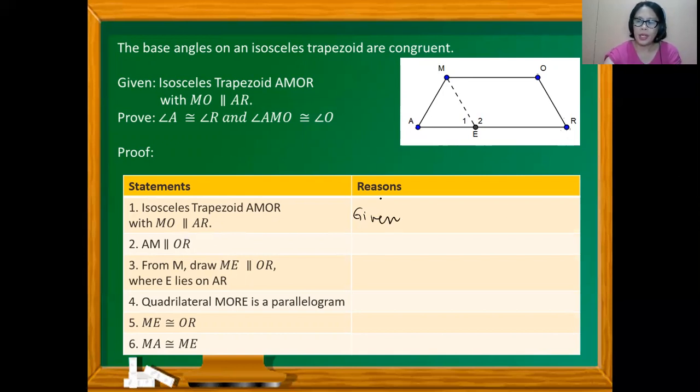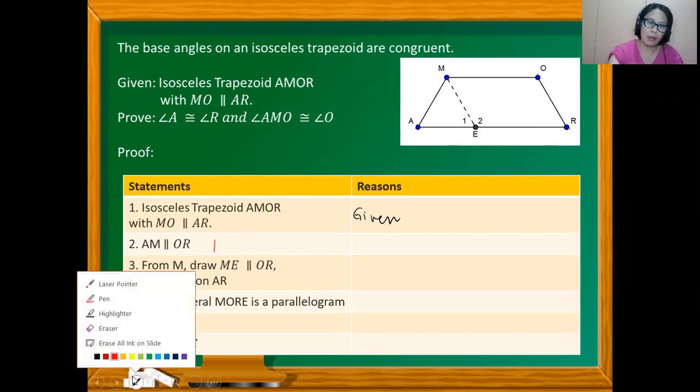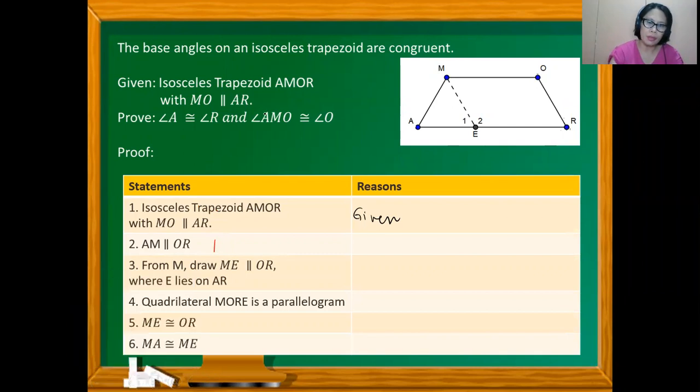Now, statement 2 is supposedly AM is congruent, not parallel. AM is congruent to OR. I mean, line segment AM is congruent to OR.